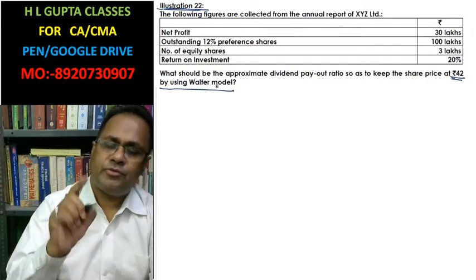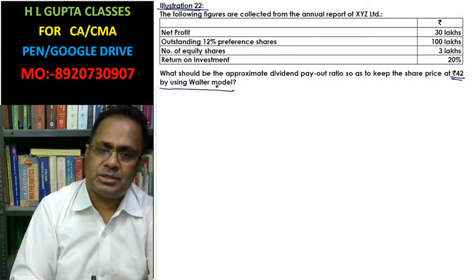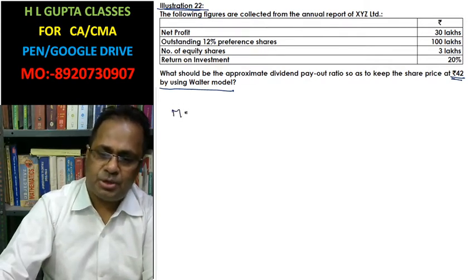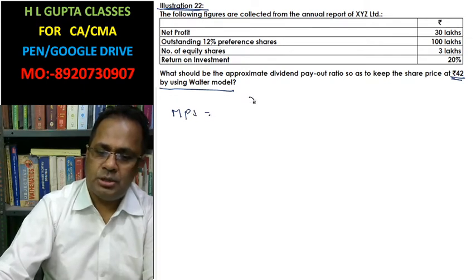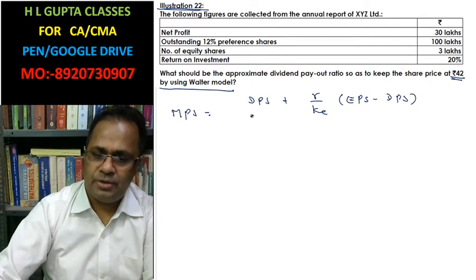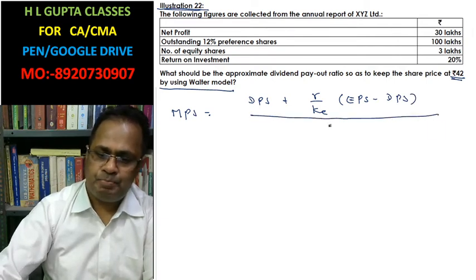Here, we have to calculate earning for equity first, and then earning per share. What is the market price per share as per Walter's model? It is the dividend per share plus R divided by KE, times EPS minus dividend per share, whole divided by KE.